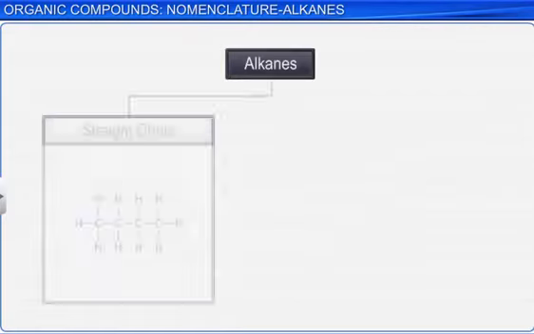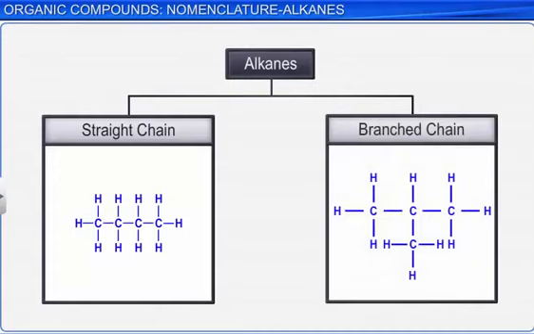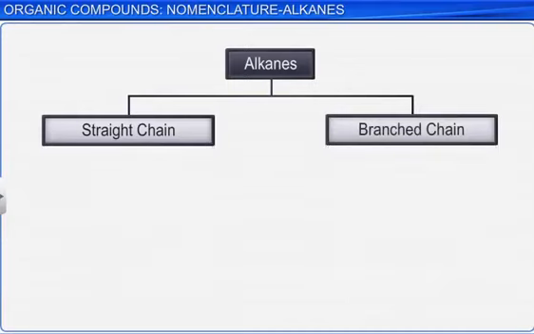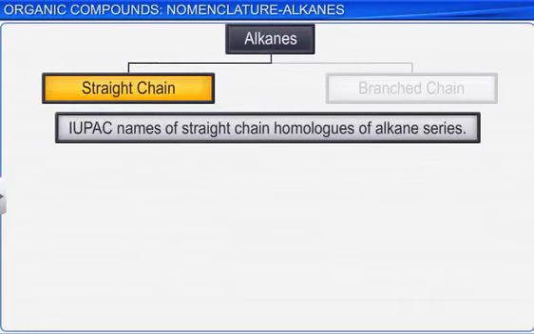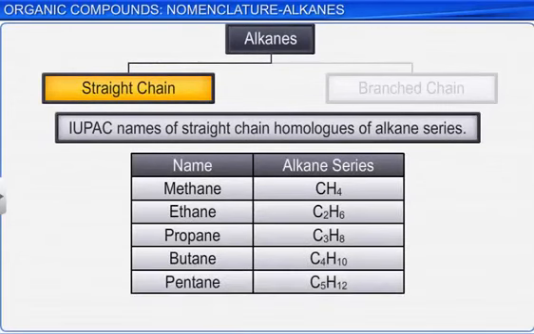Alkanes can be straight chain alkanes or branched chain alkanes. Let's look at the IUPAC names of certain straight chain homologs of the alkane series.